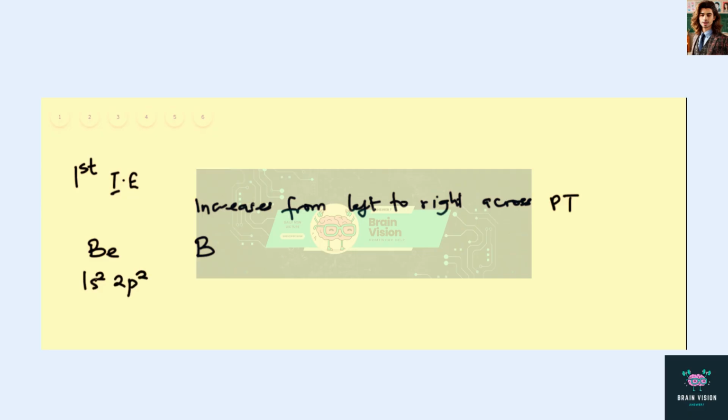And boron is the fifth element on the periodic table. Electron configuration is 1s2, 2p3. Okay, so we expect the ionization energy to increase from beryllium to boron.